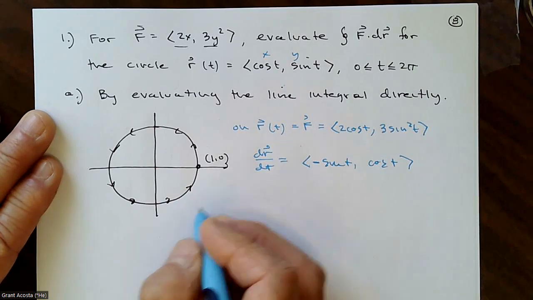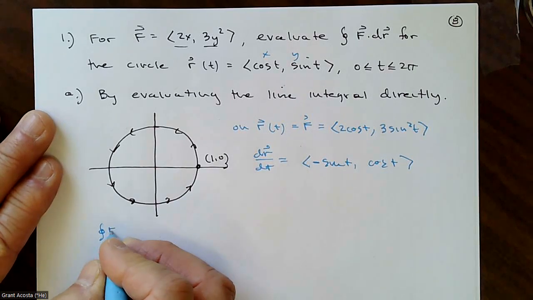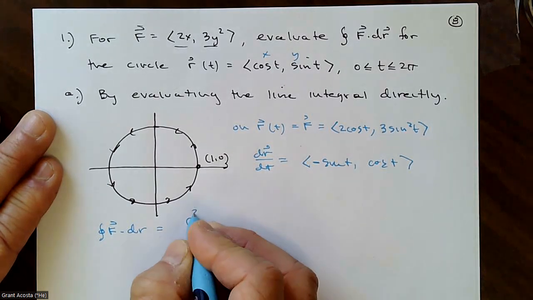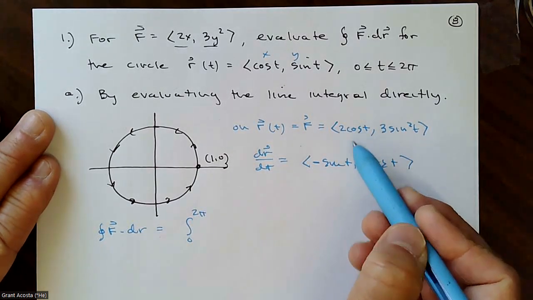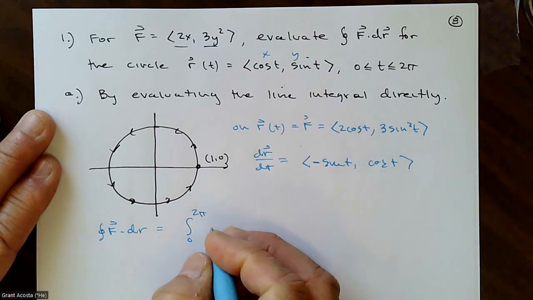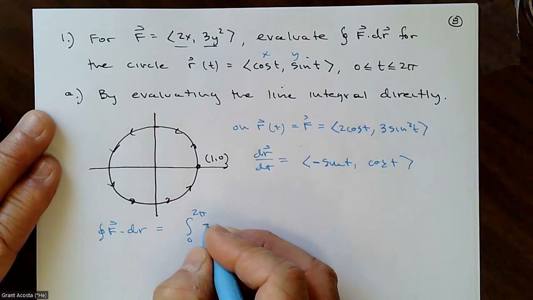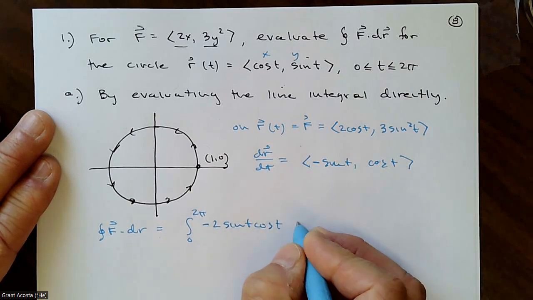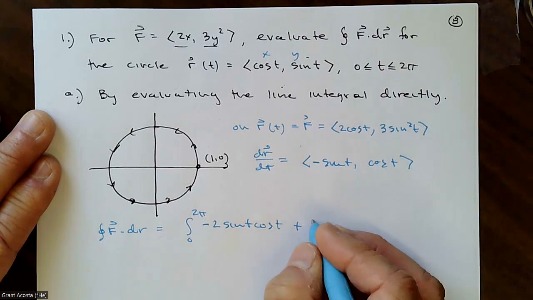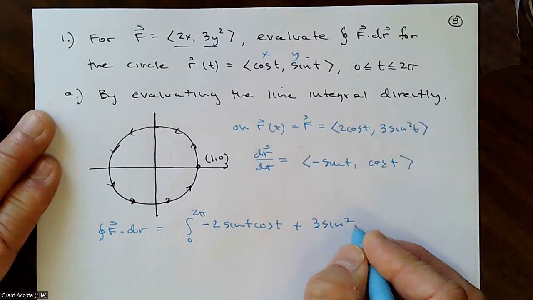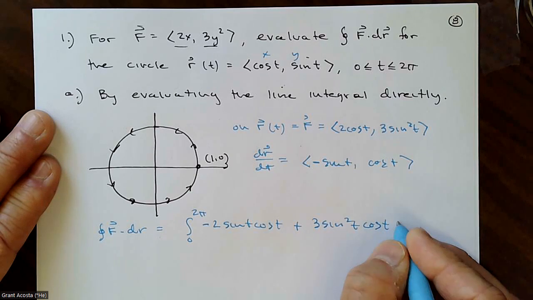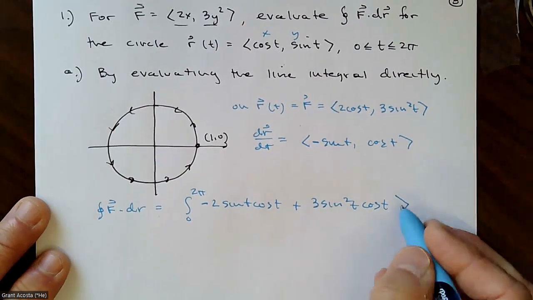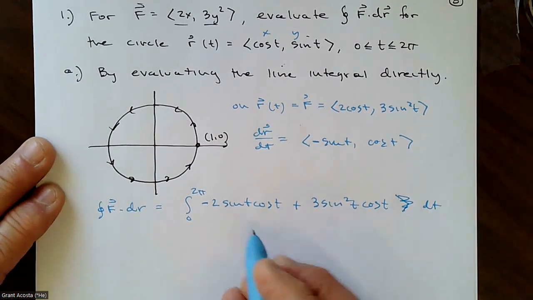So therefore my integral would be the integral from 0 to 2 pi. Let's just do the dot product, f dot dr. I'd end up with this times this, so negative 2 sine t cosine t, plus this times this, 3 sine squared t cosine t. Whoops, that should be a dt.